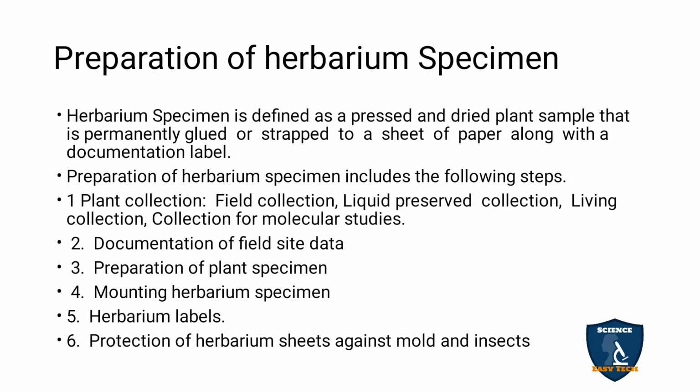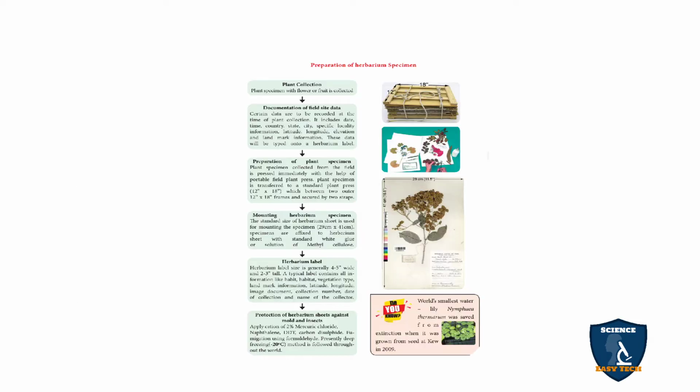You have to change them once every 2 days, and if any mold or fungus attacks the plant, you have to protect it from fungal growth. Then mount the herbarium specimen on the sheet, give herbarium labels, and protect herbarium sheets against molds and insects. So this is the preparation of herbarium.